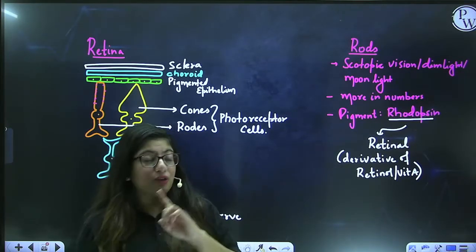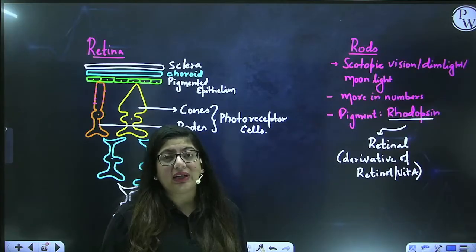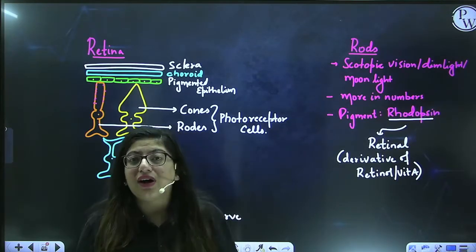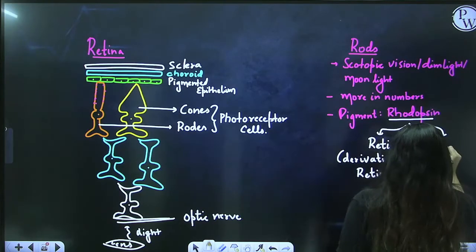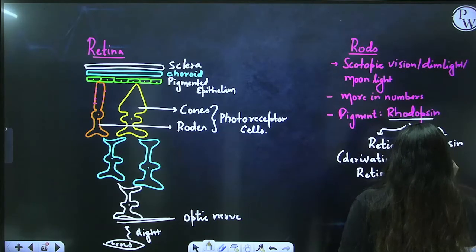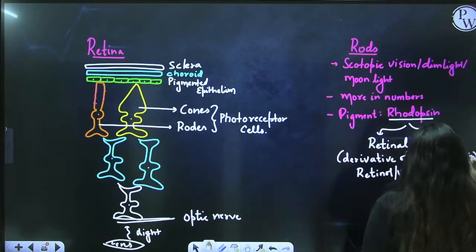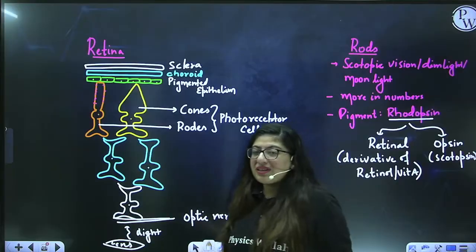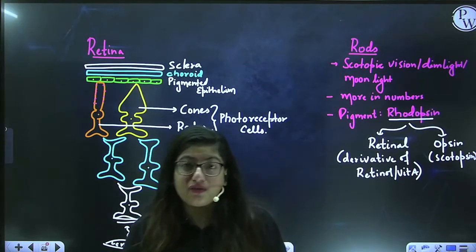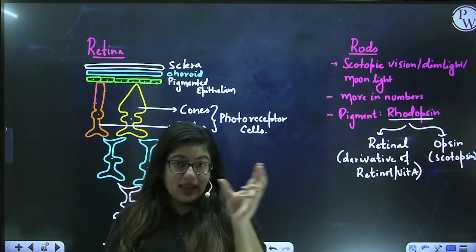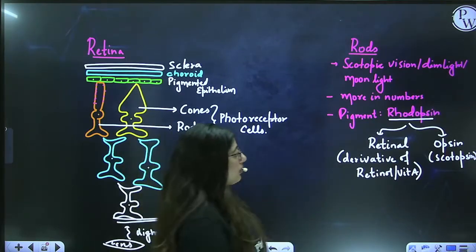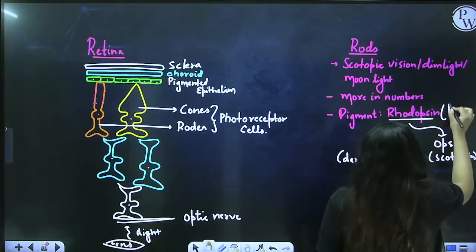That's why it is said to always eat carrots or vitamin A rich food. That's good for your eyes, right? And then we have the opsin protein attached to this. In this case, the protein opsin is scotopsin. Because opsin protein is different in both the pigments, this is how both the pigments are different. So scotopsin is present with retinal, that's the rhodopsin. And the color of rhodopsin is purple.